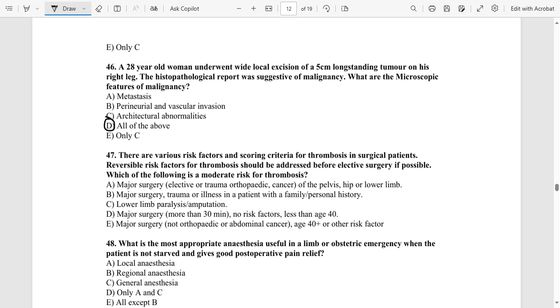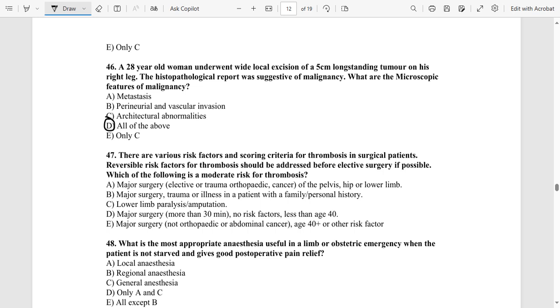other risk factors. The high risk includes major orthopedic surgeries with a family history, or maybe major orthopedic surgeries of some important bones like the pelvis, the hip, and the lower limb. The low risk includes major surgery of more than 30 minutes in a patient who is less than 40 years, with no risk factors at all for developing this thrombosis.